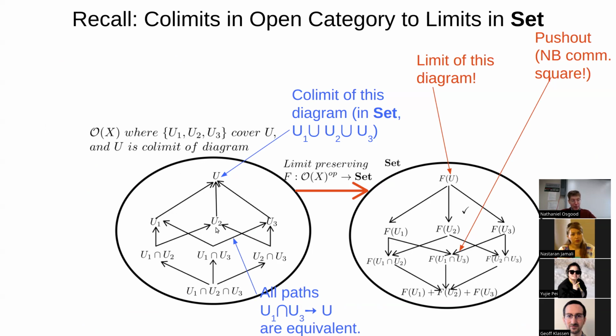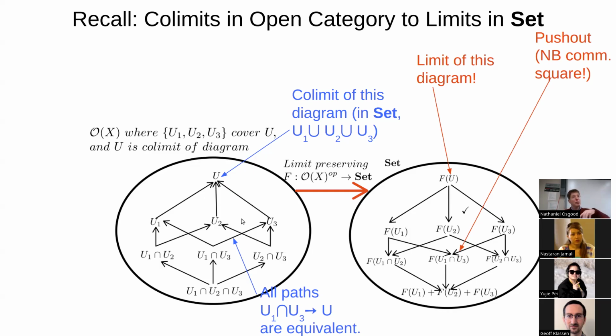And we have open sets U1, U2, U3, etc. And we have U, such that these all collectively cover U, such that U is the co-limit of the diagram. In other words, these all come together. Do you remember the idea of a co-limit?